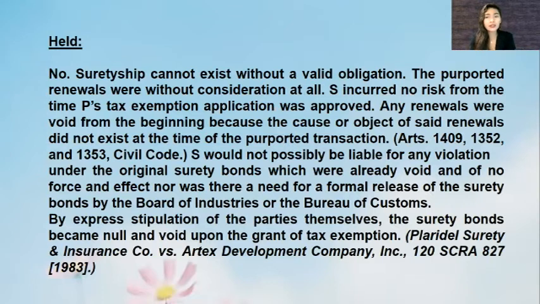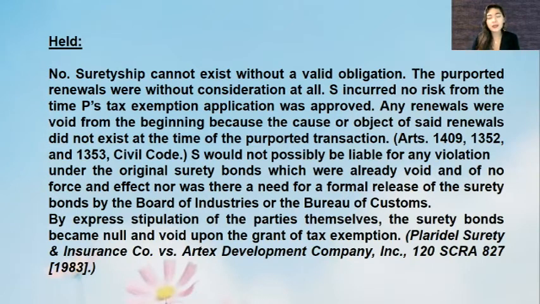S incurred no risk from the time P's tax exemption application was approved. Any renewals were void from the beginning because the cost or object of said renewals did not exist at the time of the purported transaction. S would not possibly be liable for any violation under the original surety bonds, which were already void and of no force and effect, nor was there a need of formal release of the surety bonds by the Board of Industries or the Bureau of Customs.